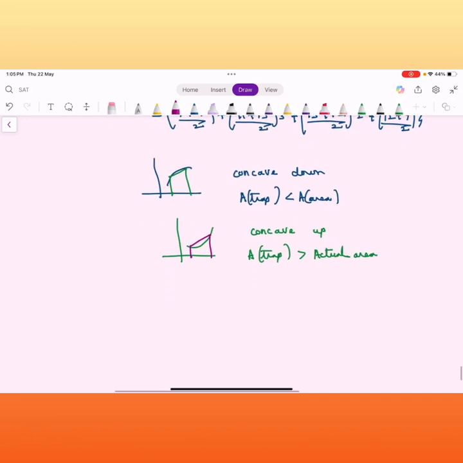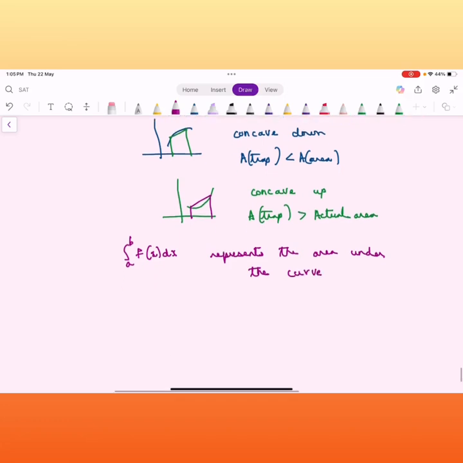So now integral a to b f of x dx represents the area under the curve. So that is the very basic concept of definite integral which we have seen so far.